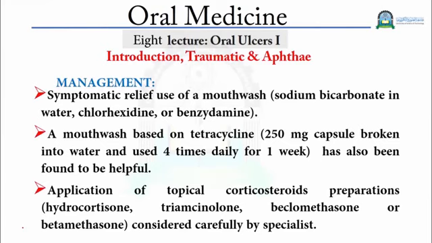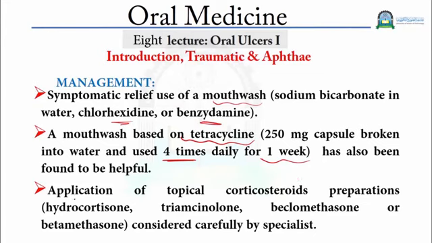Symptomatic relief can be achieved using mouthwashes such as sodium bicarbonate in water, chlorhexidine as an antiseptic, or benzydamine. A tetracycline-based mouthwash is also effective for recurrent aphthous ulcerations. Take 250 milligram capsules broken into water and use as a mouthwash 4 times daily for at least 1 week.